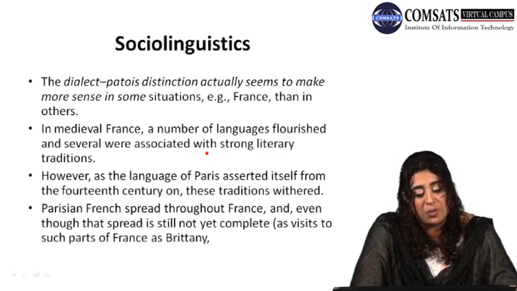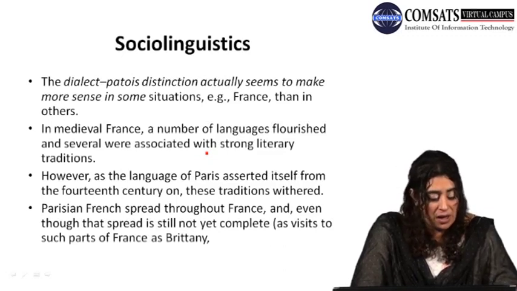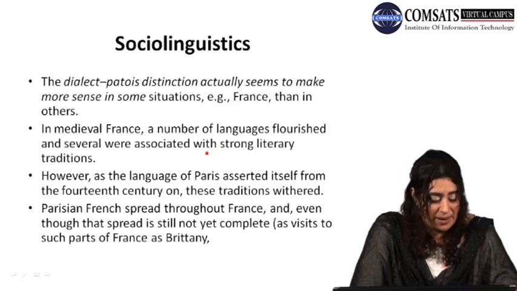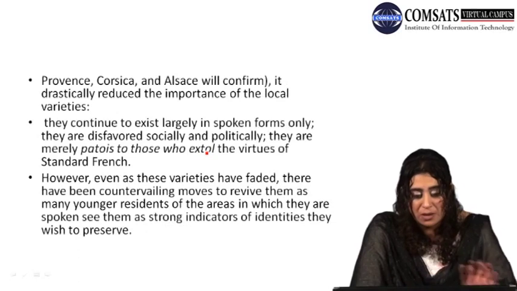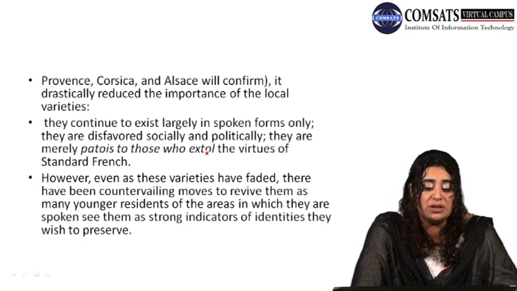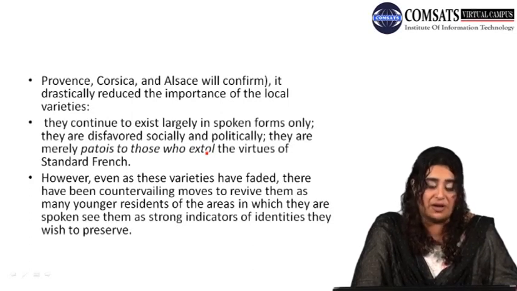Parisian French spread throughout France, and even though that spread is still not complete, as visits to such parts of France as Brittany, Corsica and Alsace will confirm, it drastically reduced the importance of the local varieties. They continue to exist largely in spoken forms only, and are disfavored socially and politically. They are merely patois to those who extol the virtues of standard French.